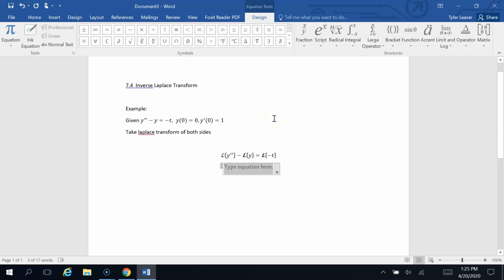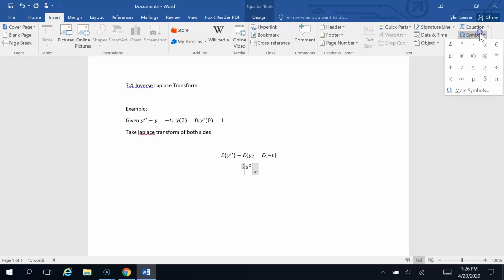This, going back to the last video, or you can just look up the formula in the book, is going to be s squared times the Laplace transform of just y, minus s times y at 0, minus s to the 0, which is 1, times y prime of 0. So these three terms are the Laplace transformation of the second derivative. And again, there was just a formula for that.